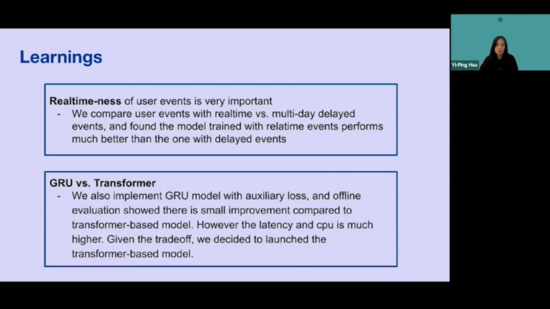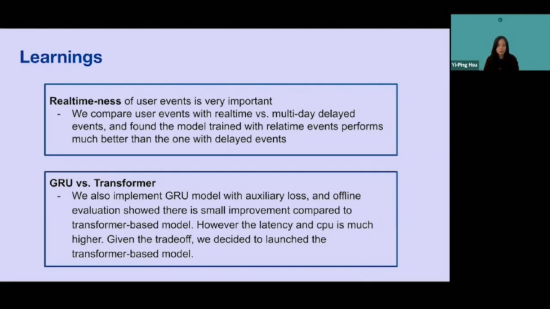So given the trade-off, we chose to launch the transformer. But this does not necessarily mean that the transformer is not as good as GRU. Since we only implemented a vanilla version of the transformer encoder, we believe that there is still room to improve the model architecture as well as the loss function.